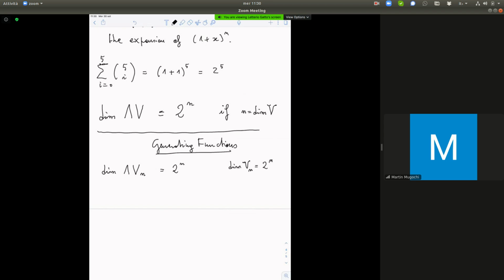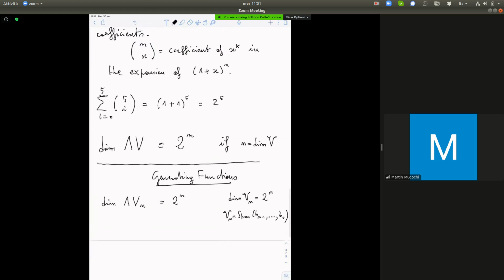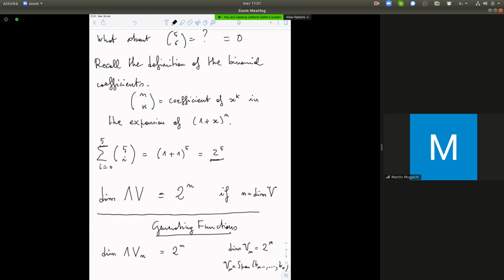Vn means the span of Bn minus 1 to B0. Okay? And the dimension is 2 to the n, as here in this case it is 2 to the 5, because the dimension was 5.